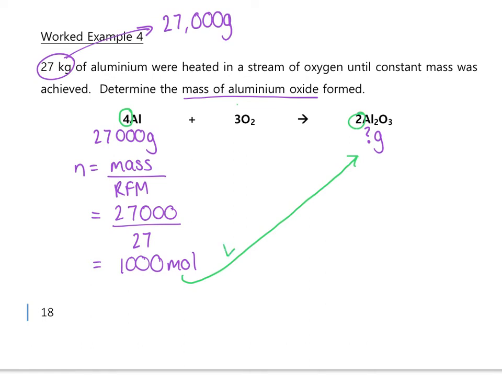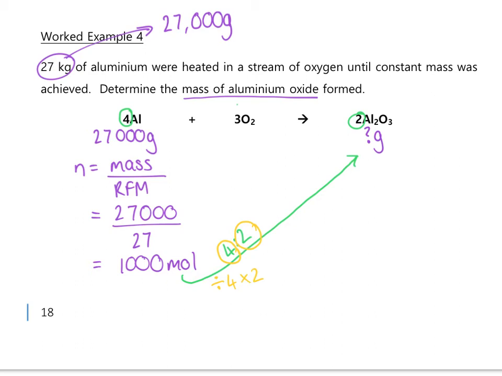So on my arrow, I write 4 to 2. There's a couple of different ways that you can do this step. The first way is by dividing by the number you're going from and multiplying by the number you're going to. So I can divide by 4 and times by 2. That's the first option.